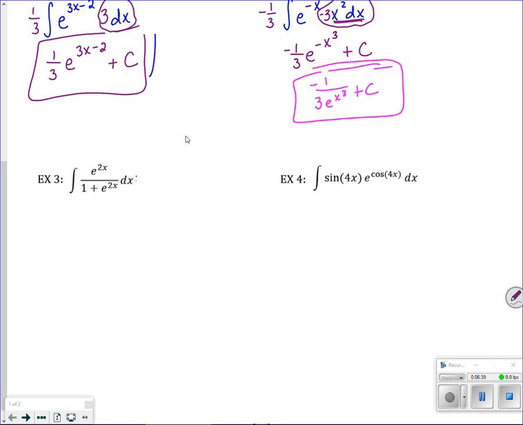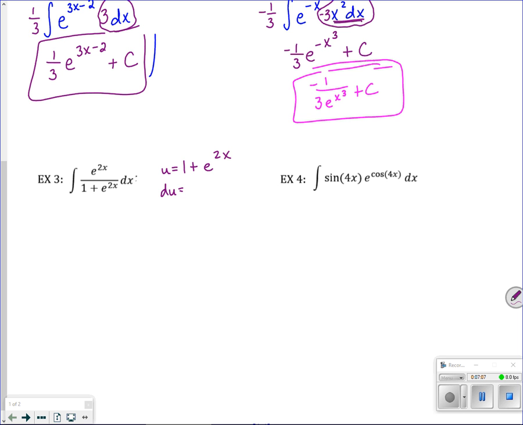Remember, when I see a quotient, the first thing I consider is whether this is going to be an ln question. Because if this is an ln question, is the derivative of the denominator in my numerator? The first thing I check for is u prime over u. So I consider if the u was all of that denominator, what would the du be?